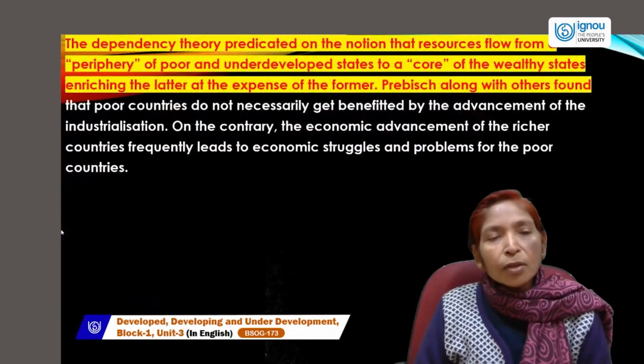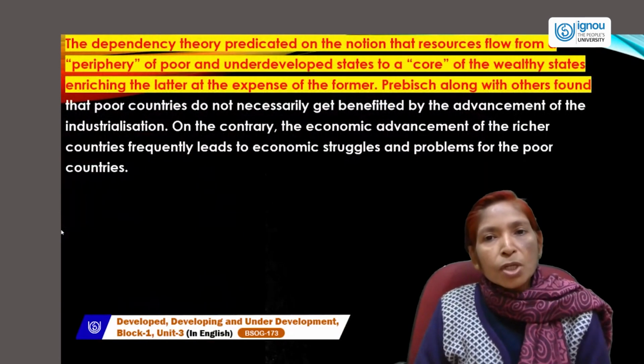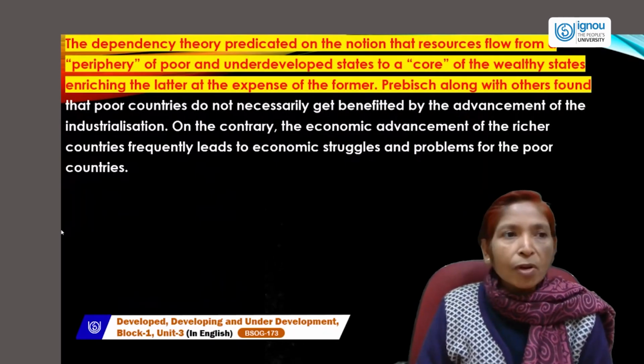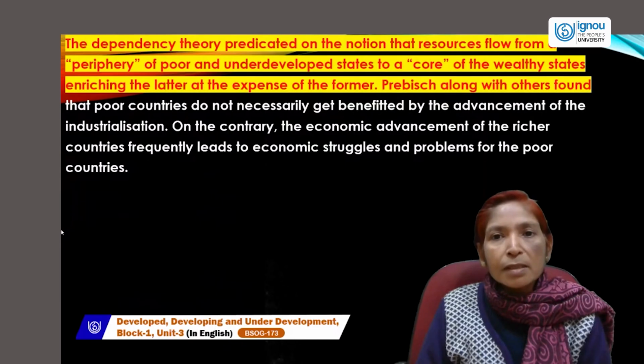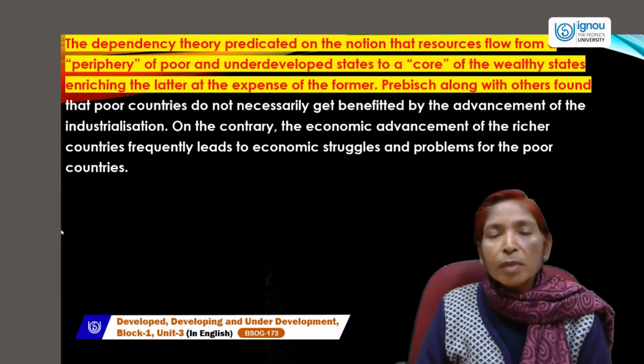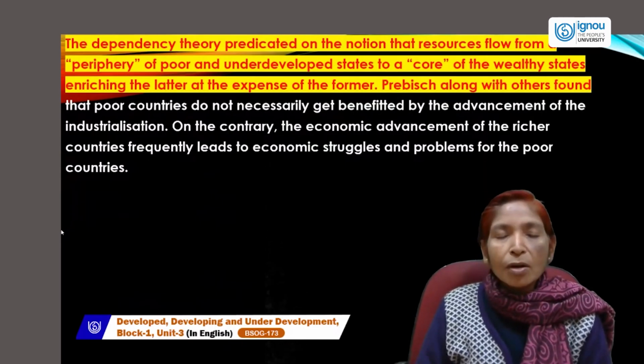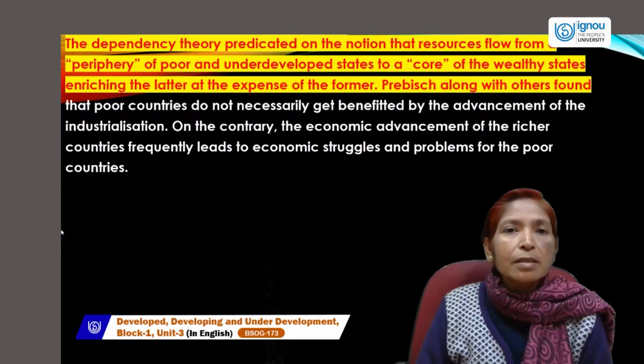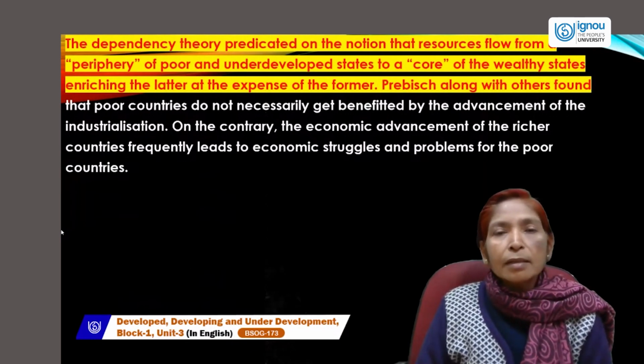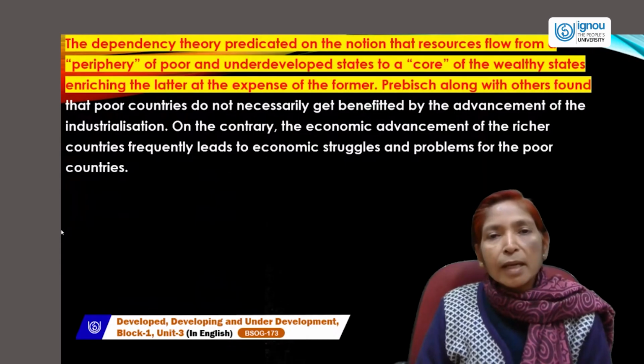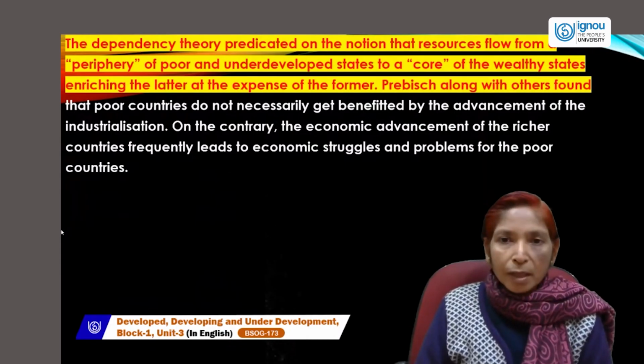Now, the dependency theory is predicated on the notion that resources flow from a periphery of poor, underdeveloped countries to a core. Core means wealthy states or developed countries, and the resources reach the latter at the expense of the former.